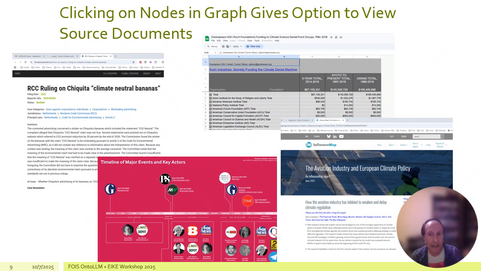Another thing you can do with the knowledge graph that's really useful is many of those nodes correspond to documents. And so if you want to actually see the source document itself, it's very easy. That's one of the many menu options that you get from Gruff: there's a particular keystroke you can do, and then it'll take you to a URL that is associated with the specific node that you're on.